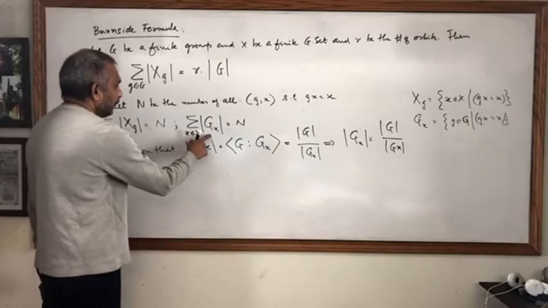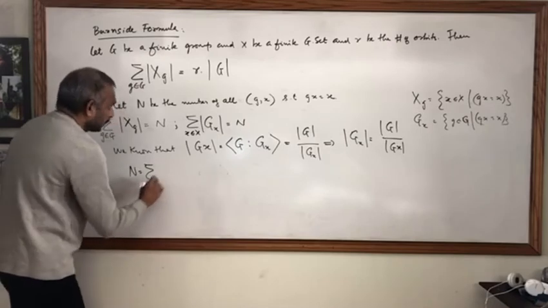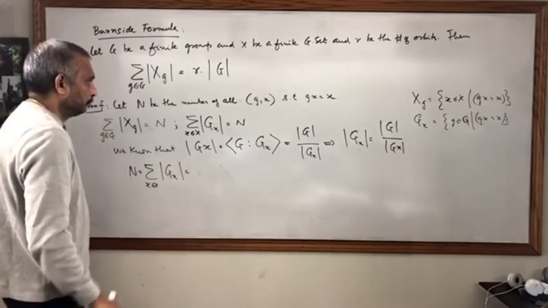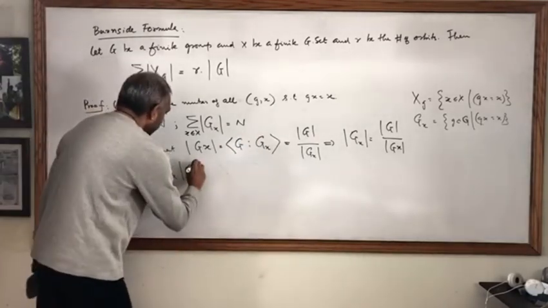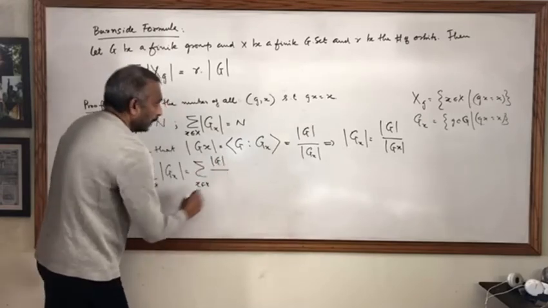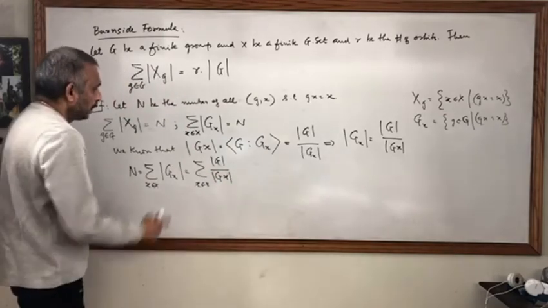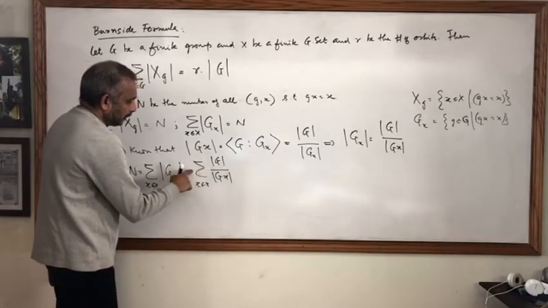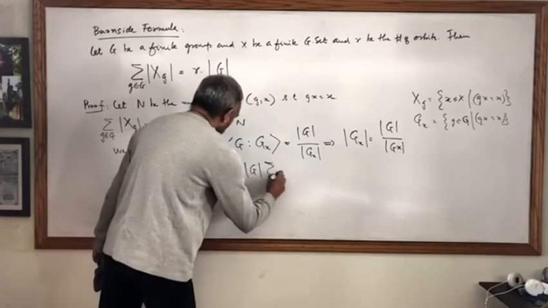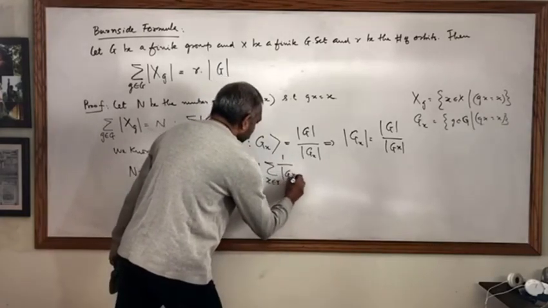So we will apply here: sigma over x belongs to X of |Gx| is equal to sigma over x belongs to X of |G| by |Gx|. And we can take |G| outside because it is constant here. So |G| times sigma over x belongs to X of 1 by |Gx|.